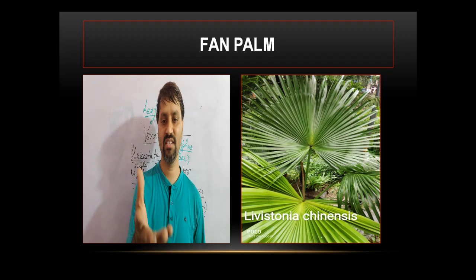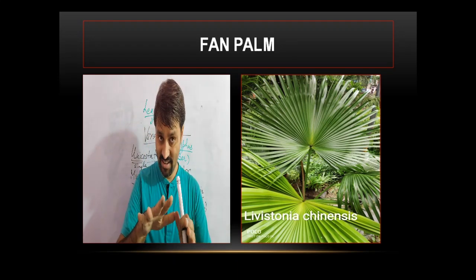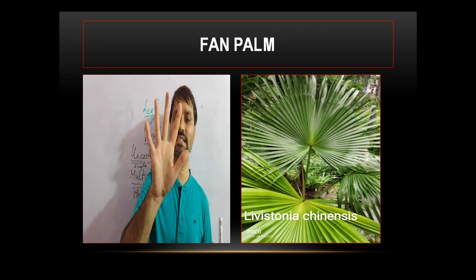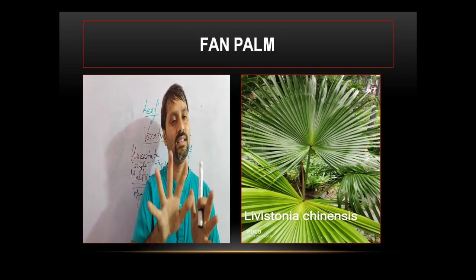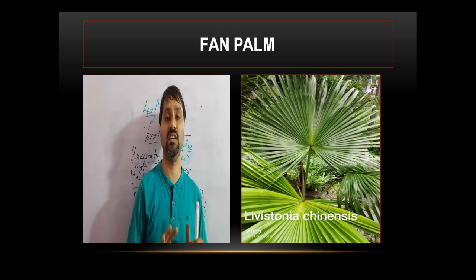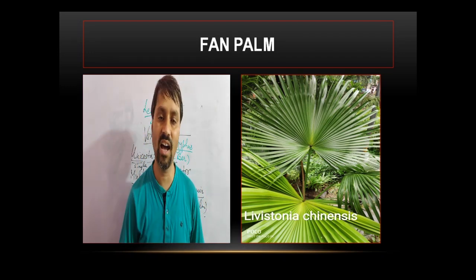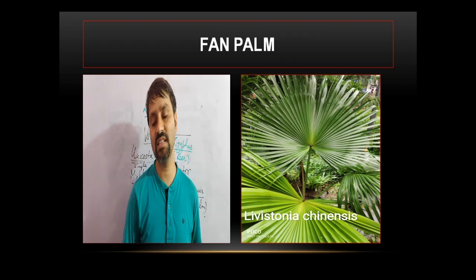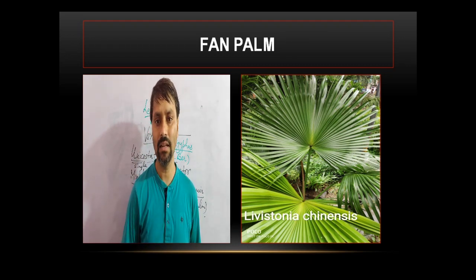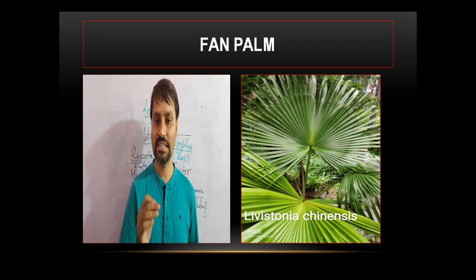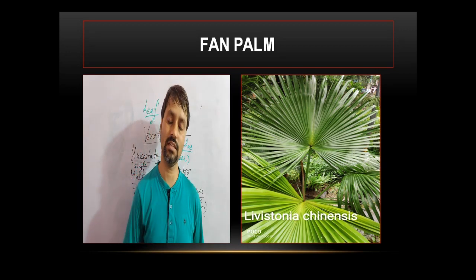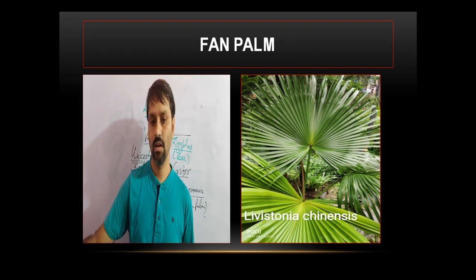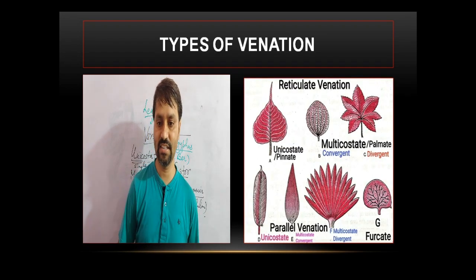See here, many midribs are running from the same point, diverging from each other, and moving parallelly. So this is the parallel, multicostate, divergent type of the what? Venation.